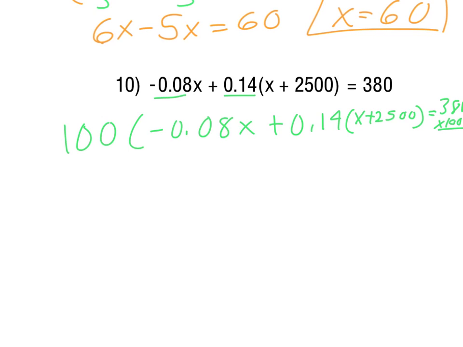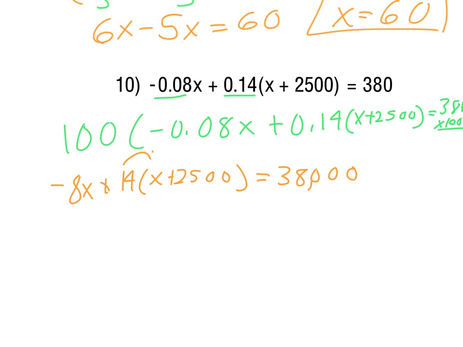So distributing that 100 through, it gives us negative 8x plus 14 times the x plus 2,500, and then the 380 times 100 would just be 380 with a couple of extra zeros, so really a 38,000.